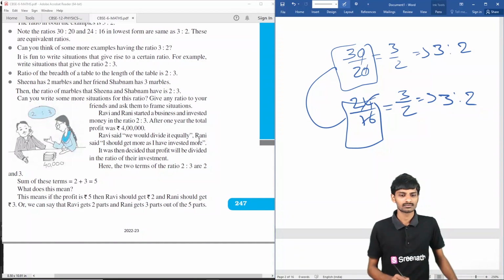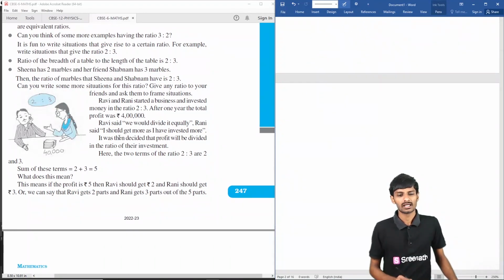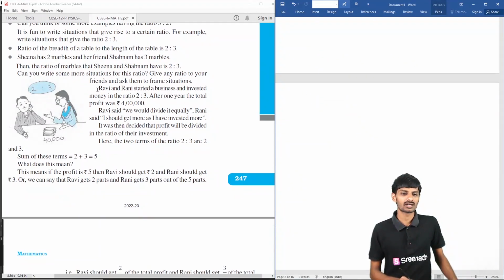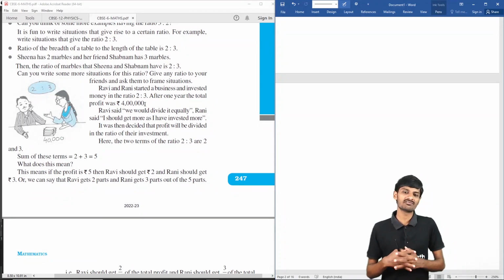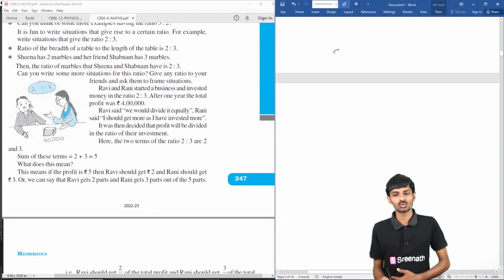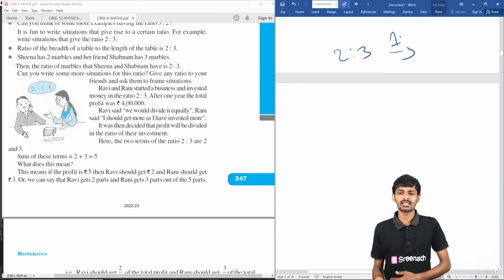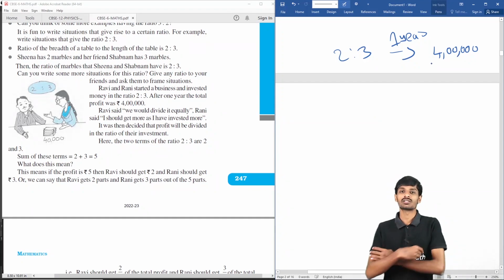If you see here, Ravi and Rani started a business and invested money in the ratio 2:3. So after 1 year, they got a profit. How much profit? That is 4 lakhs. So they got 4 lakhs of profit.